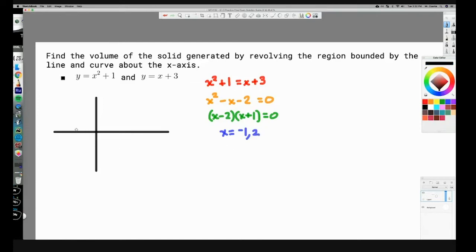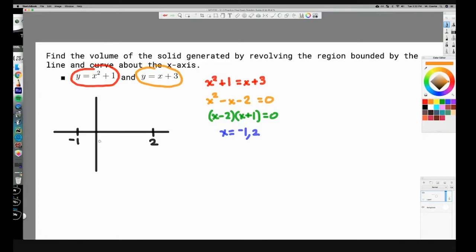So what I'm going to do is graph negative 1 and 2. Now, we'll do this one in red, and we'll do this one in orange.